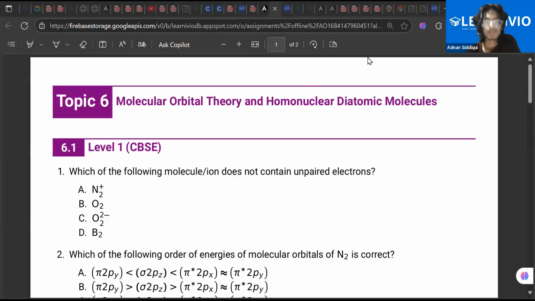Are you able to see my screen? Now it is visible.